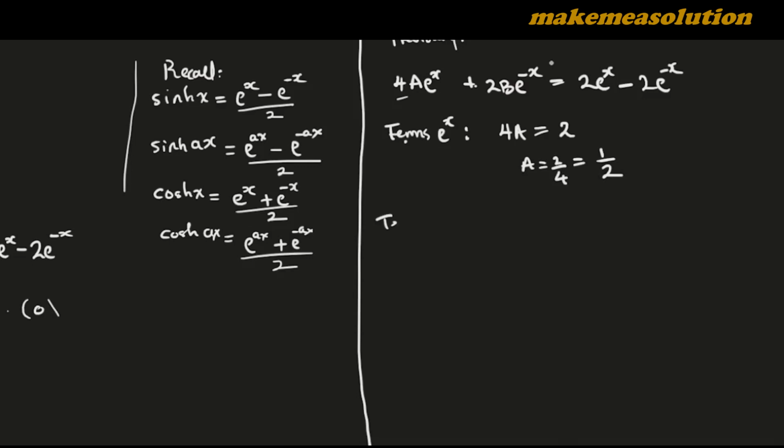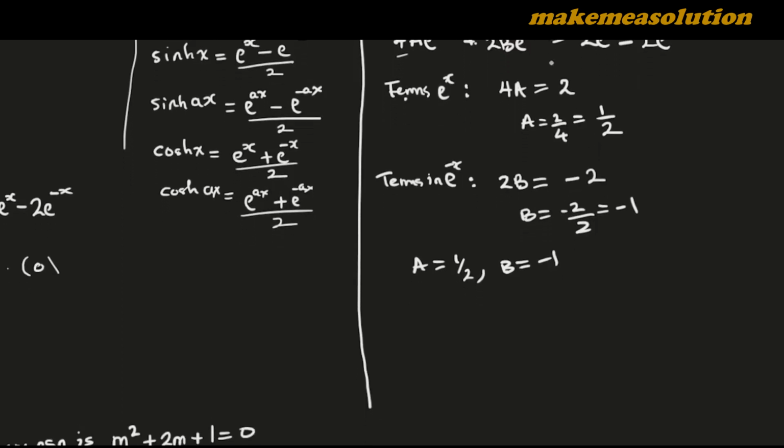For terms in exponential minus x, on the left hand side, the coefficient is 2b, and on the right hand side the coefficient is negative 2. So b is equal to negative 2 over 2, which is equal to minus 1. Is that okay? So a is 1 over 2, b is minus 1, and voila, we've gotten our undetermined coefficients.